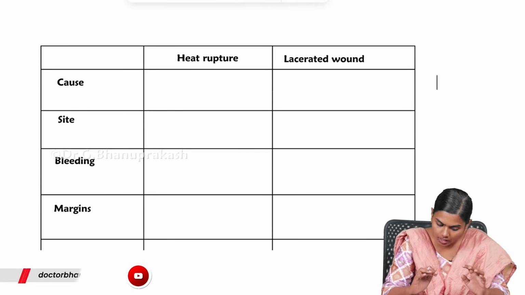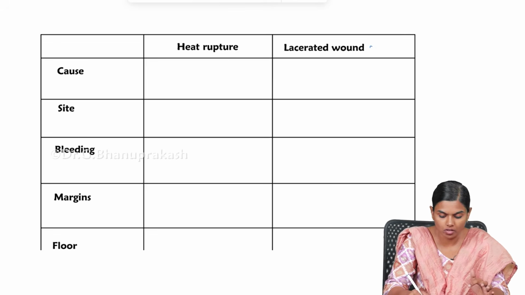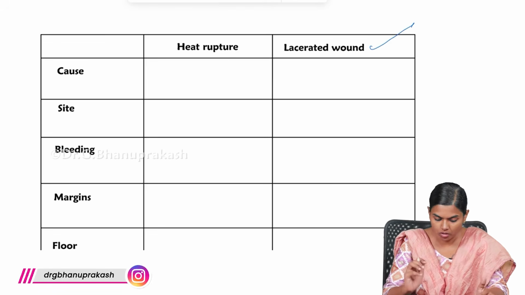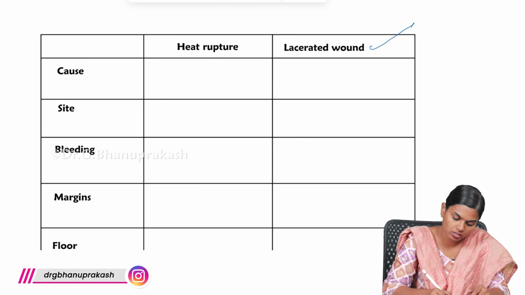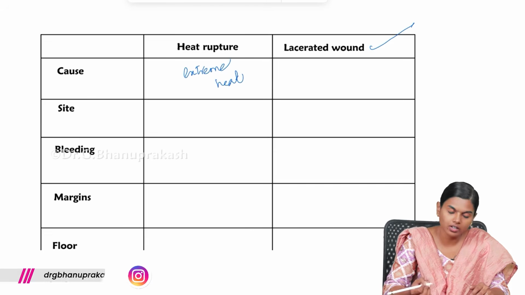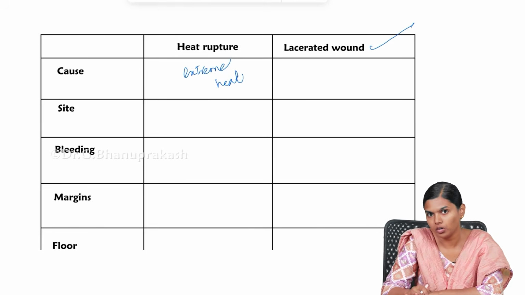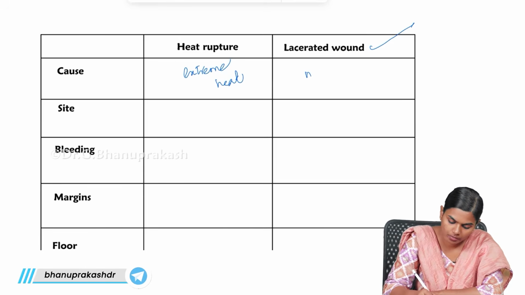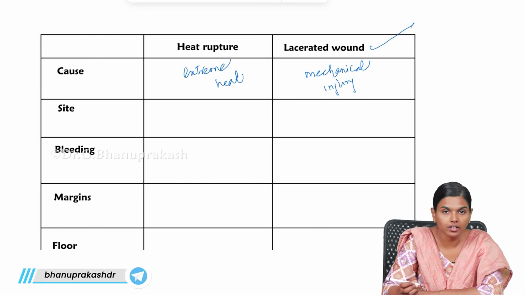Now, this heat rupture is usually confused with one other entity, that is your lacerated wound. So, mainly the difference between these two we will see. First, heat rupture is due to extreme heat. So, in case of burn, you will be seeing this heat rupture. But a lacerated wound will be due to some mechanical injury, either blunt or sharp.